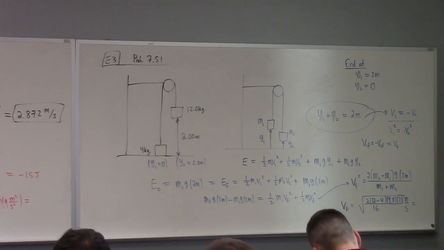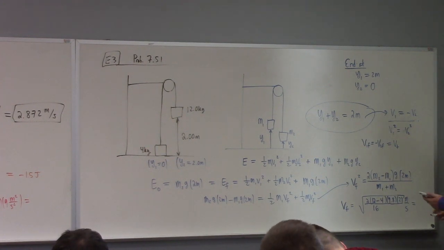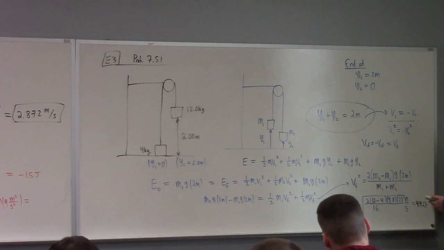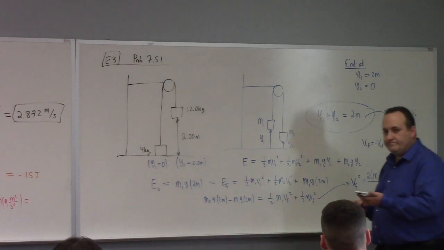So if I haven't made a mistake, inside the square root we had 19.6. And that gives me a 4.43. I guess 4.427 meters per second is what I get for my numbers.